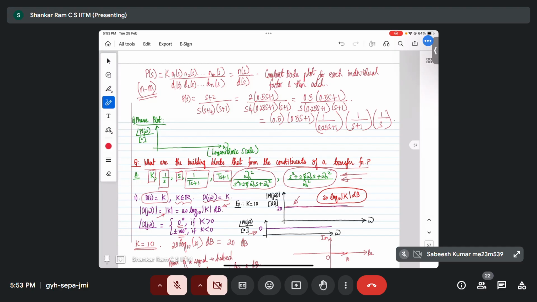The asymptote going to infinity does not mean that the system is not BIBO stable. The point of BIBO stability is that if you give a bounded input, the output should be bounded for all time, right? See, an asymptotic value is only a limiting value. If omega tends to infinity, what is sine of infinity t?